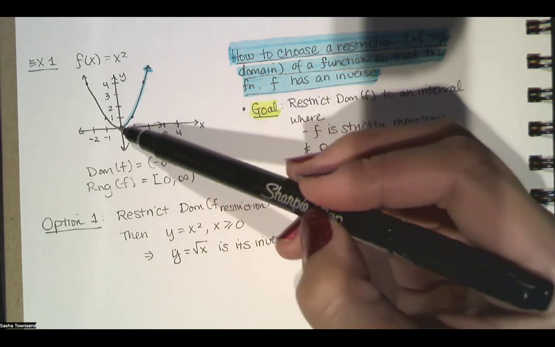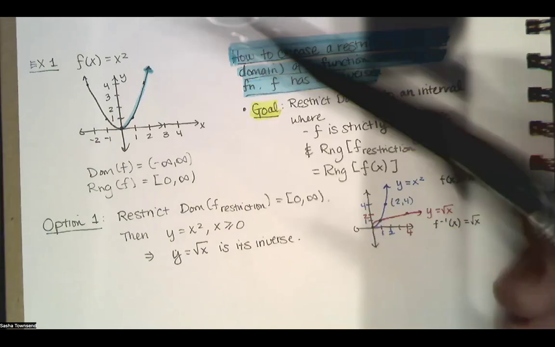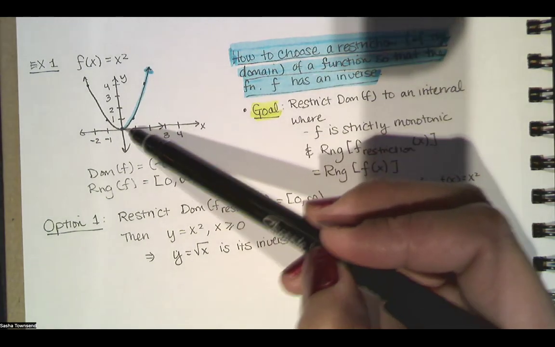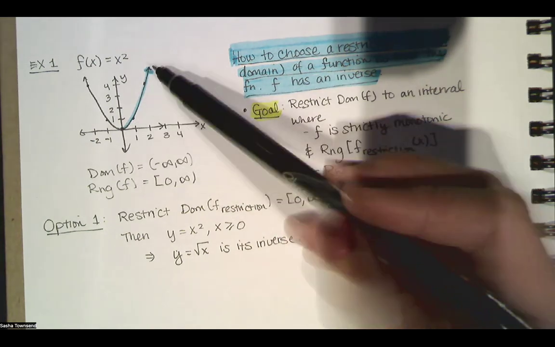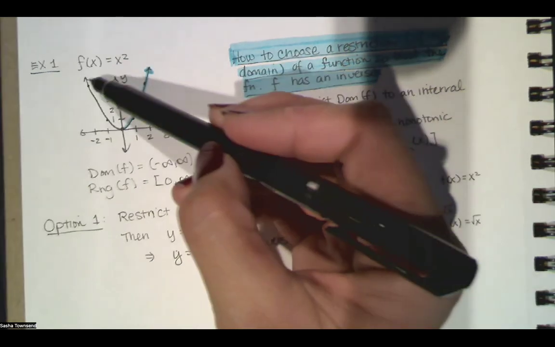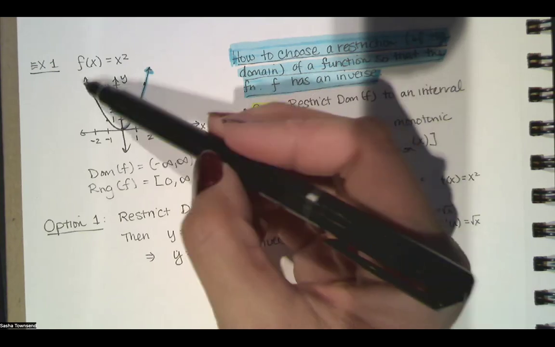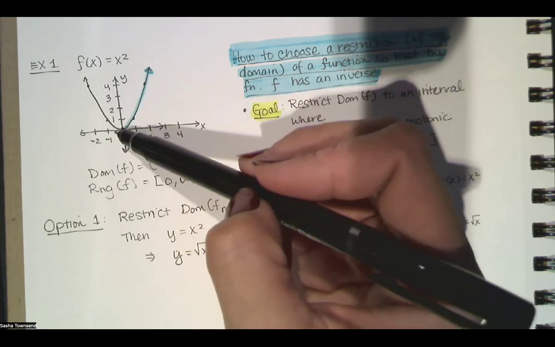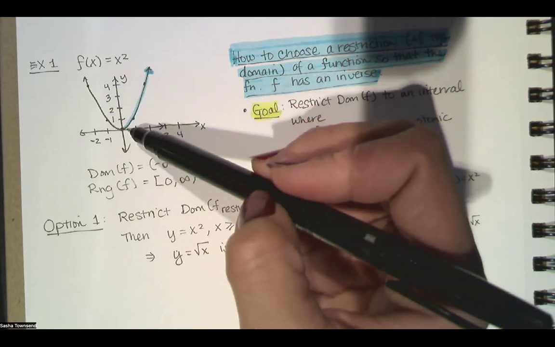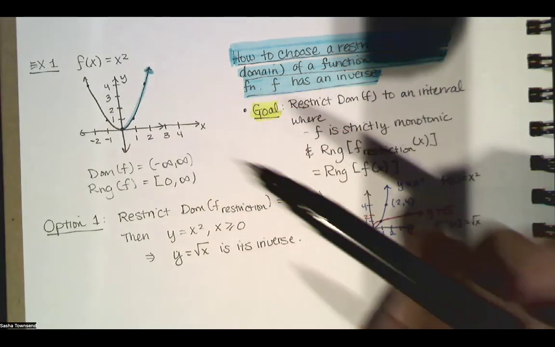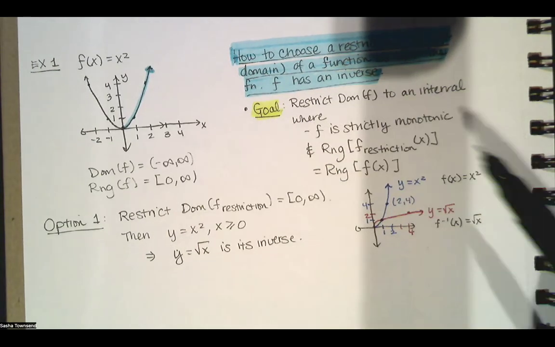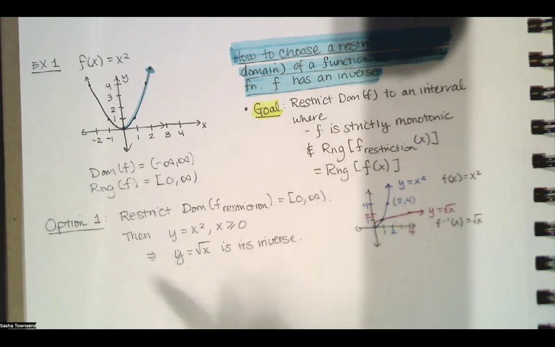So we chose an interval where the function's increasing. So we wanted it to be strictly monotonic, and it is. And we got all the y values that we wanted from 0 to infinity. So this was a good choice. Well, the other option is to choose the decreasing branch. And for this particular function, the decreasing branch does give us all the y values that we want. We get all the y values between 0 and infinity, and that's fine. And it's decreasing the whole time, which means it's strictly monotonic. So that's our second option.